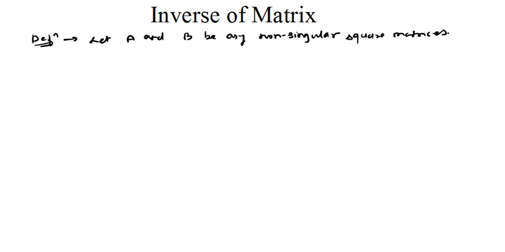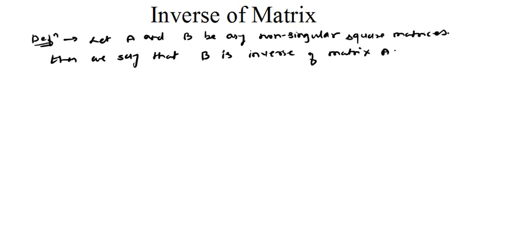Then we say that matrix B is the inverse of matrix A if this condition is satisfied: the matrix multiplication A into B is equal to I, where I is the identity matrix.